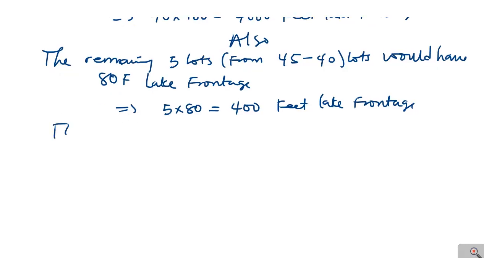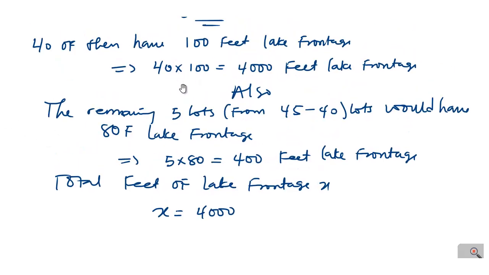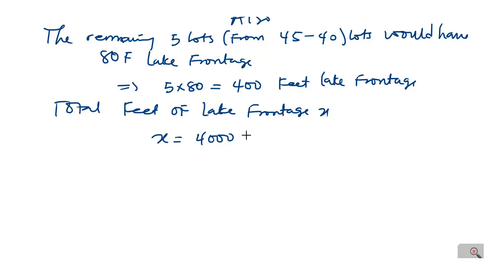Having gotten that, we can therefore determine the total feet of lake frontage, which is X. X is equal to 4,000, which comprises 40 times 100 that we got previously, plus this other one, 400.